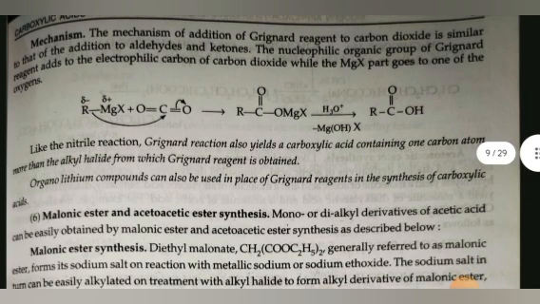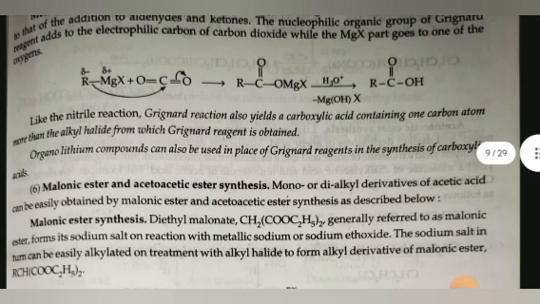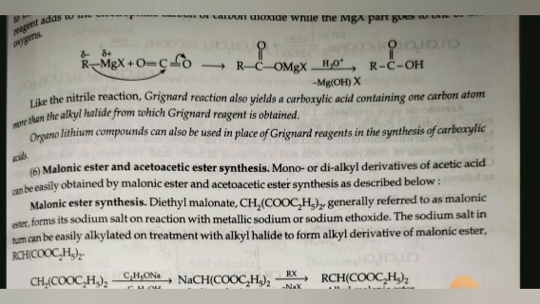Mechanism. The mechanism of addition of Grignard reagent to carbon dioxide is similar to that of the addition to aldehyde and ketone. The nucleophilic organic group of the Grignard reagent adds to the electrophilic carbon of carbon dioxide, while the MgX part goes to one of the oxygens. For example, RMgX plus CO2 gives rise to R-C(=O)-OMgX, and in the presence of H3O+ gives rise to carboxylic acid.